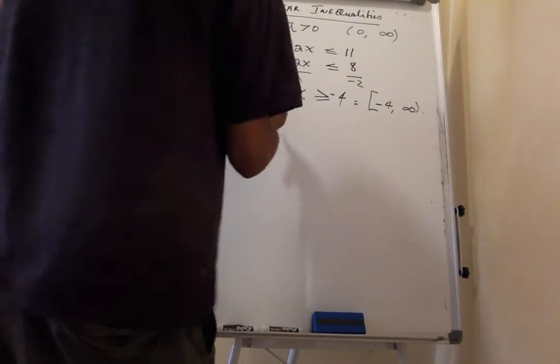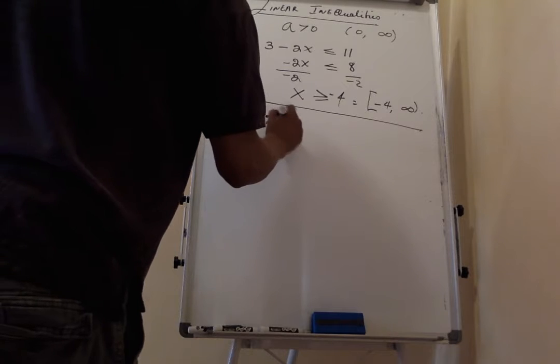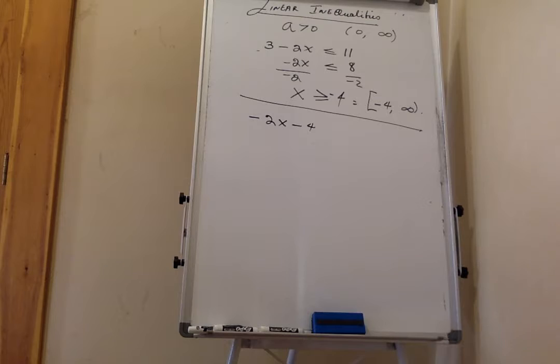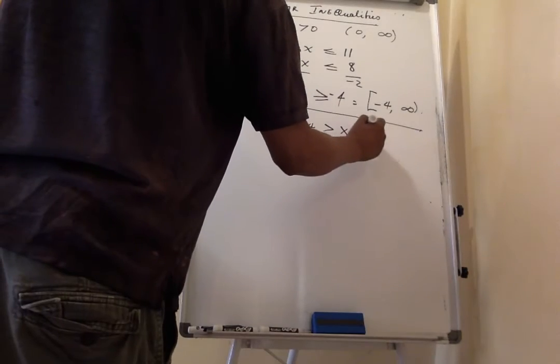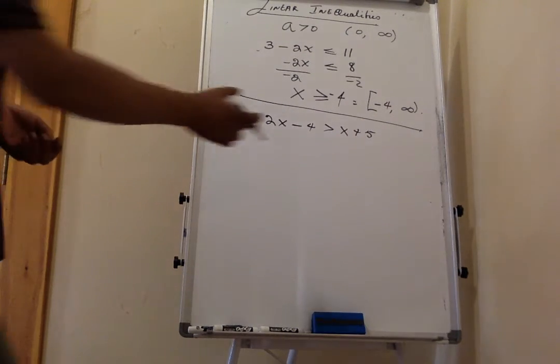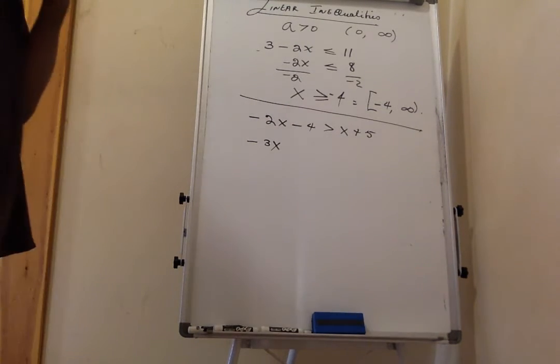Okay, let me do another one. Minus 2x minus 4 is greater than x plus 5. So before we do anything, just let's combine like terms. Bring x to this side, so you will end up with minus 3x.